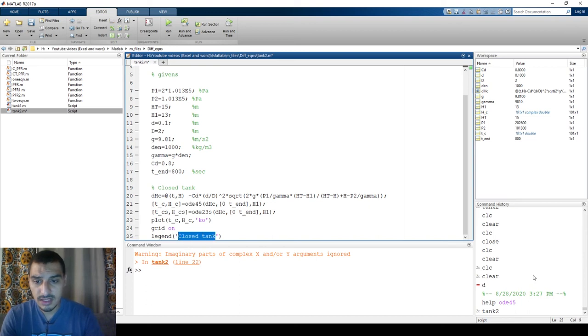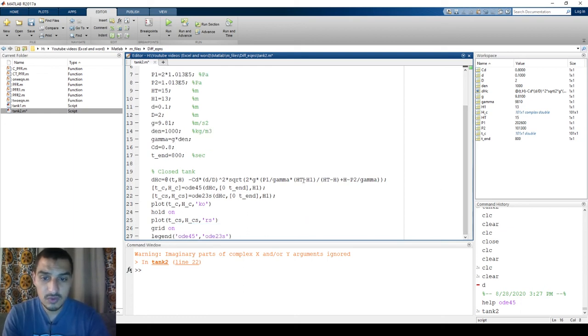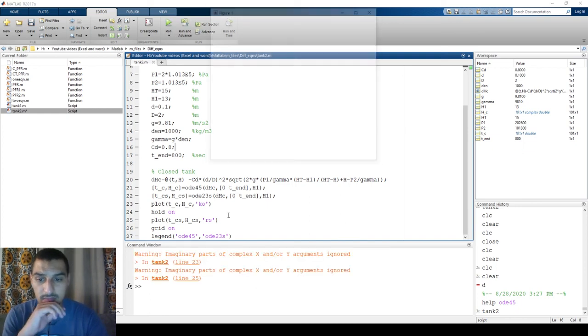I'm going to make the legend "closed tank ODE45", and make another plot for ODE23S, hold the plot, and plot the TCSH and make it red and square, for instance. What I did is solve the problem twice, once with ODE45 and once with ODE23S, and I'm going to plot them together on the same graph.